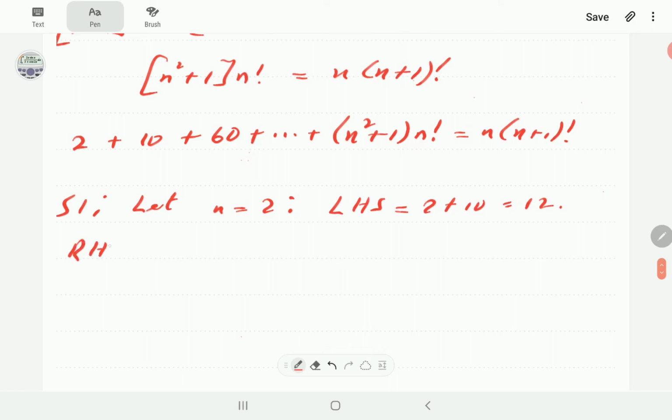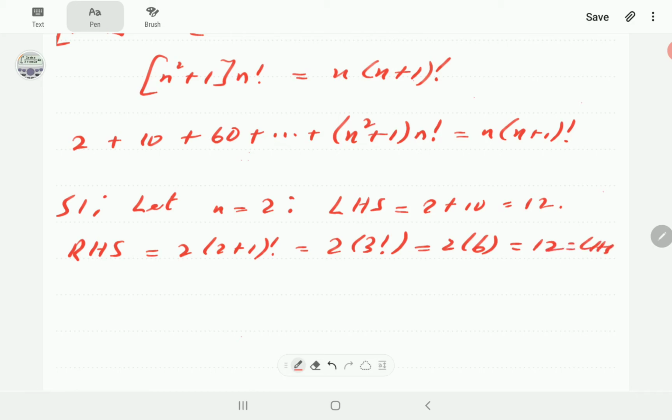On the right hand side, we're going to have 2 into 2 plus 1 factorial is 2 times 3 factorial, 2 times 6. This is 12. This is equals to the left hand side. So hence the formula is true.